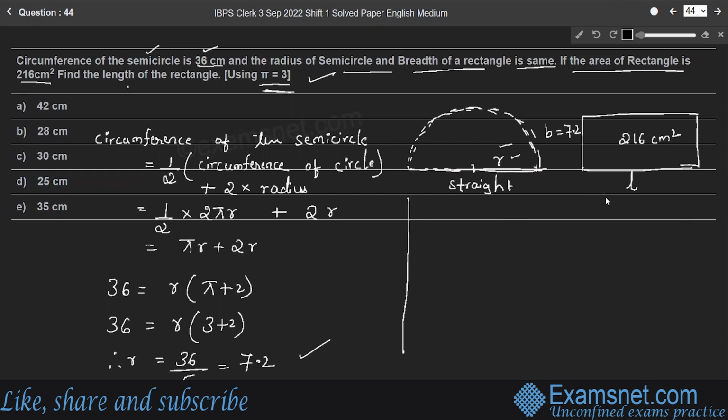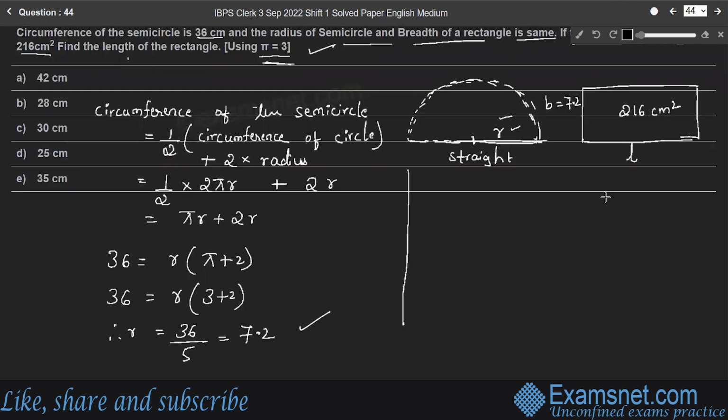So in case of rectangle, breadth of rectangle is equal to radius of the semicircle. What is radius of semicircle? It is 7.2 centimeter, right?